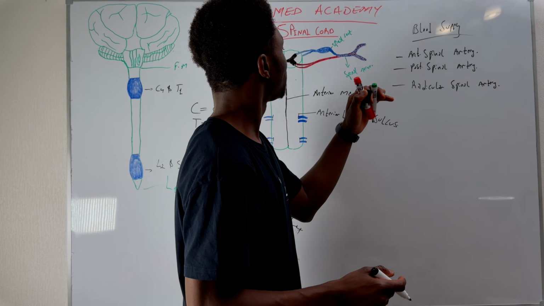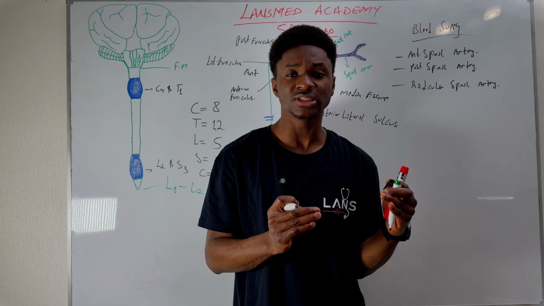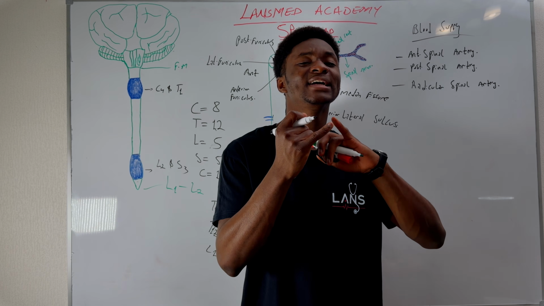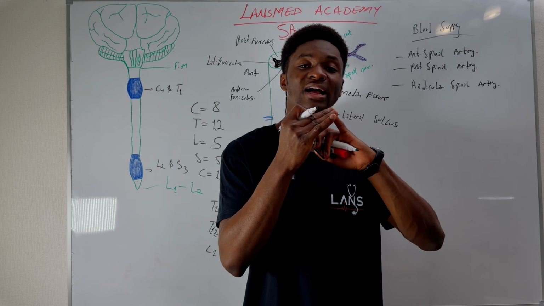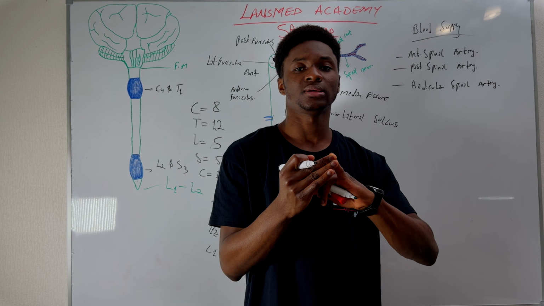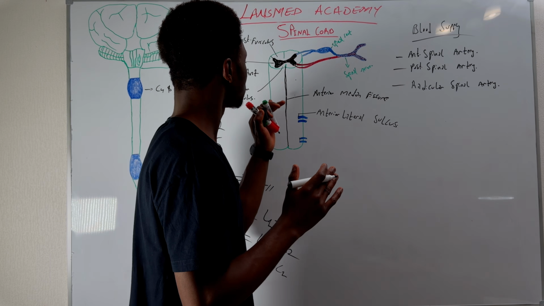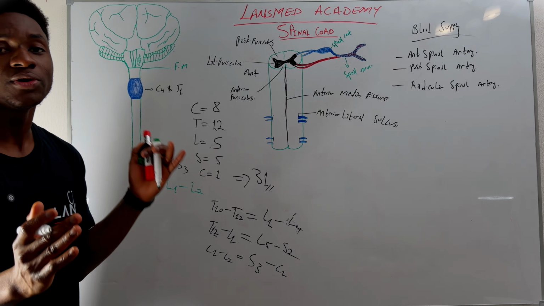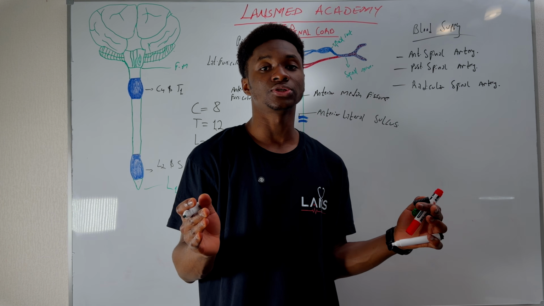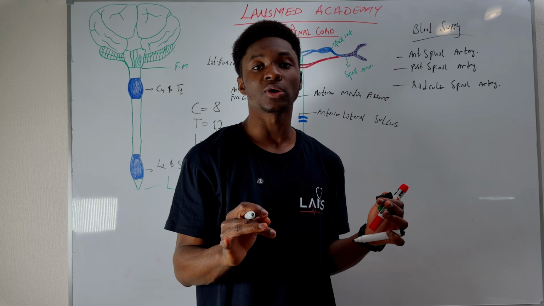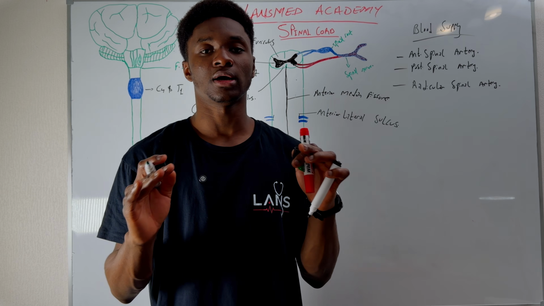For the cervical part of the spinal cord, the radicular arteries will be provided by the ascending cervical artery, the deep cervical artery, and the vertebral artery. For the thoracic part of the spinal cord, the radicular arteries will be provided by the supreme intercostal arteries, the posterior intercostal arteries, the subcostal artery, and the deep cervical artery.